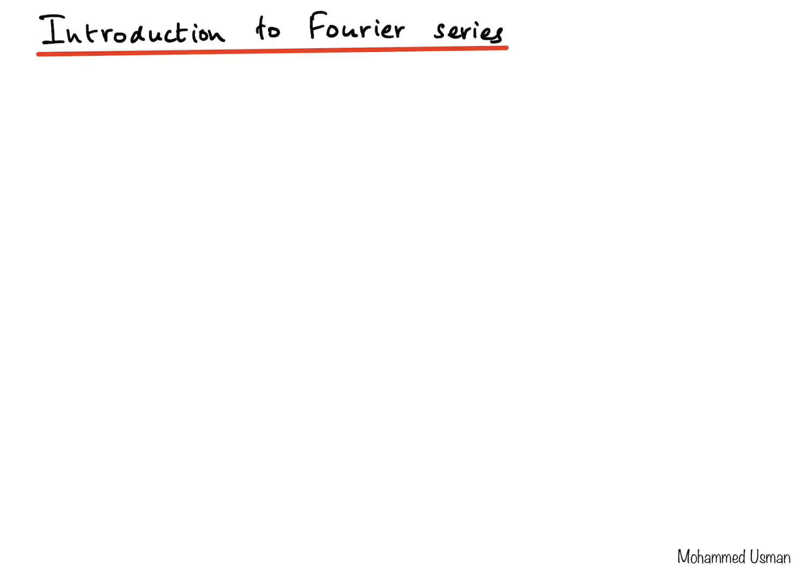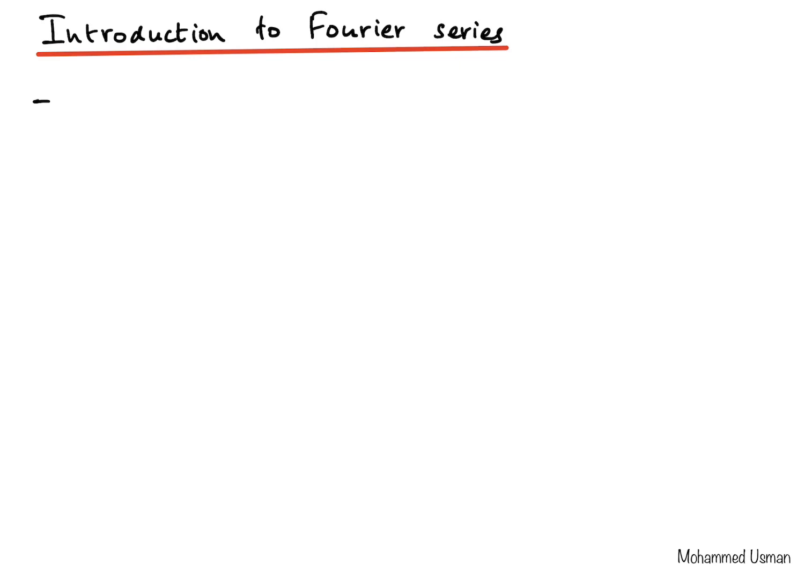So let us first try to find out what exactly we are trying to explore and what information this topic of Fourier series gives us when we analyze a signal using it. The first point to remember is that when we go into the Fourier domain, the independent axis becomes frequency.